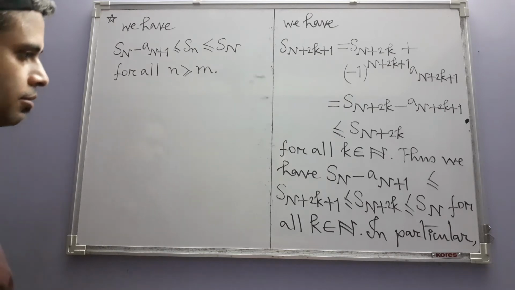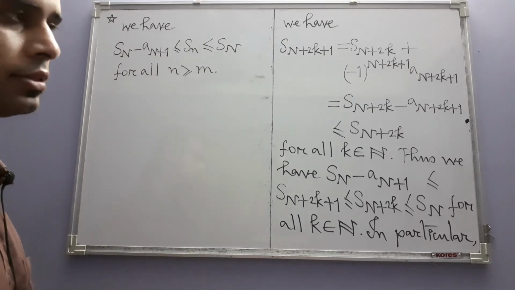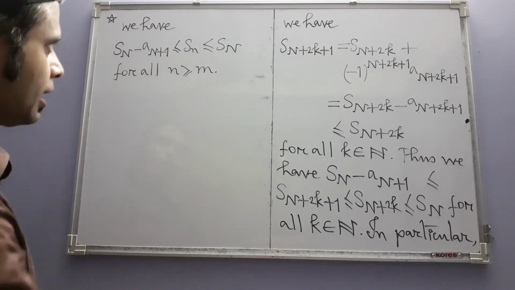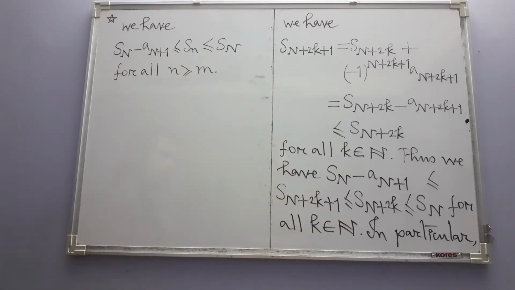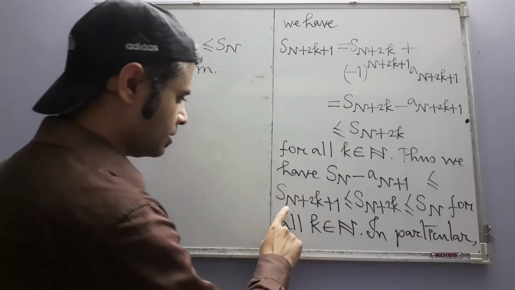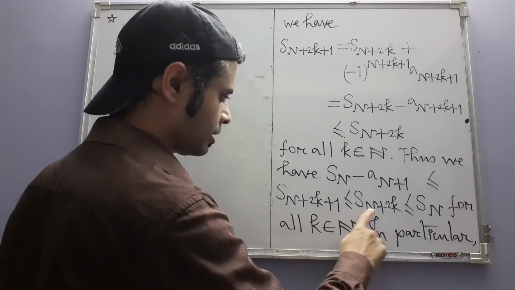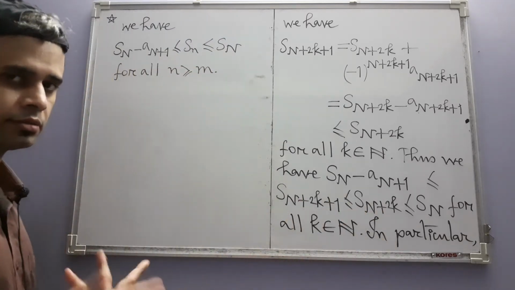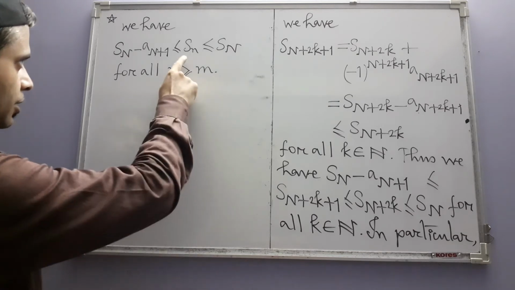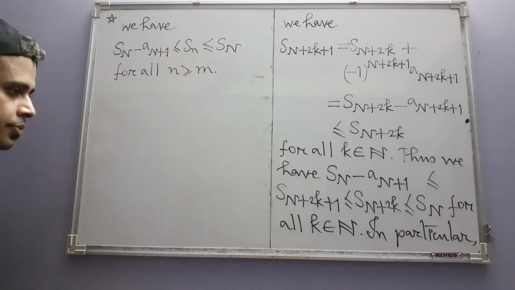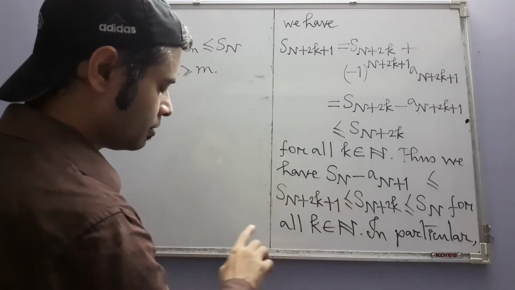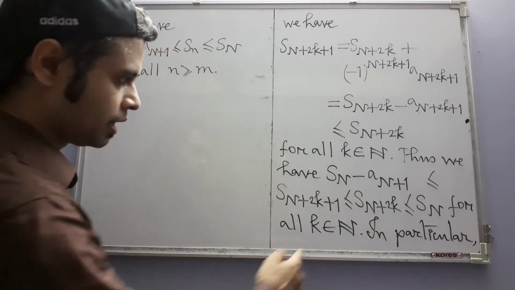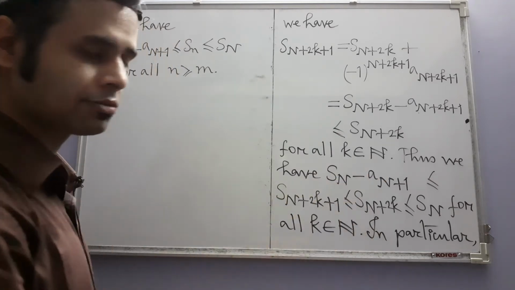Do you realize how we have concluded this from this? Where have these S_{n+2k+1} and S_{n+2k} vanished, and in their place how are we writing S_n? You see, you can write two sets of inequalities in place of this chain of inequalities.